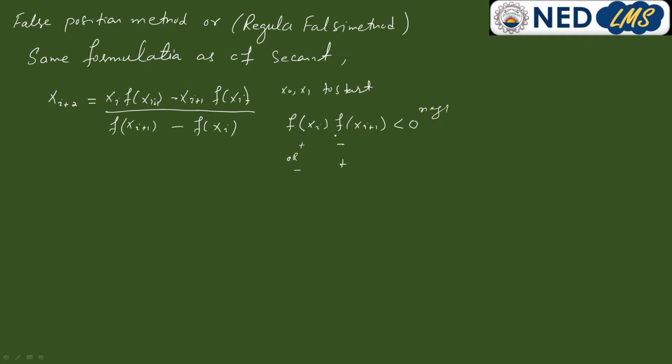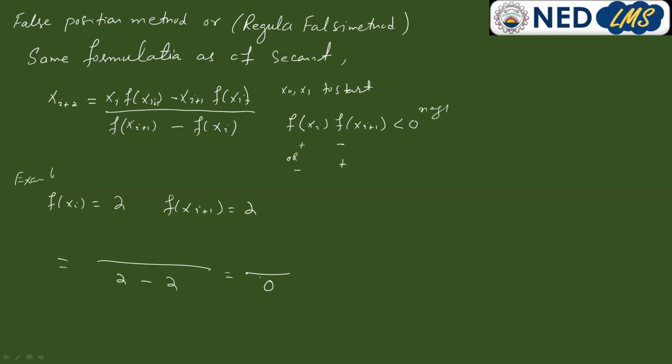what the question is, why do we have this condition? Because this will ensure that this is not going to be 0 at any place. For example, if f of xi at a certain point is 2 and f of xi plus 1 is also 2, then if I put this in the denominator, 2 minus 2, I will get 0 in the denominator.